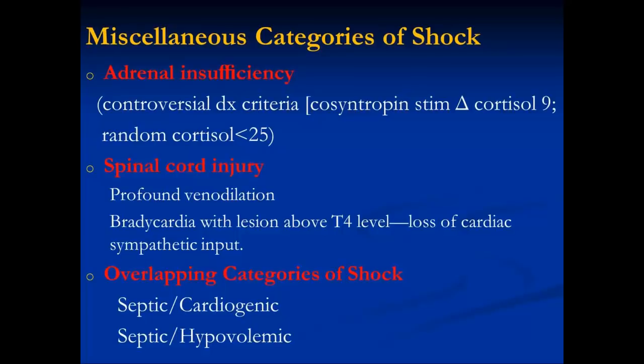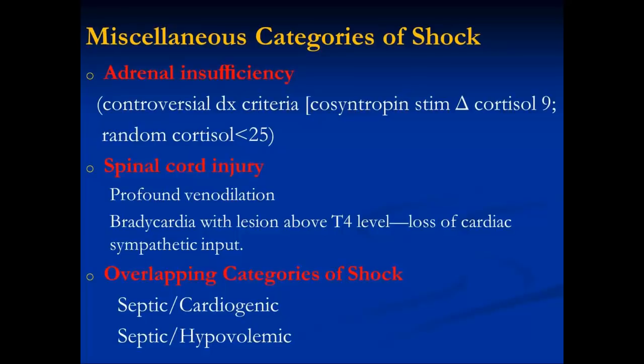I think everybody agrees that if a patient has shock, that's a maximum stress response, and for that reason, if your random cortisol is less than 25, you probably have some relative adrenal insufficiency. So you can look into this and use it as your guidance. We stopped doing the cosyntropin test.